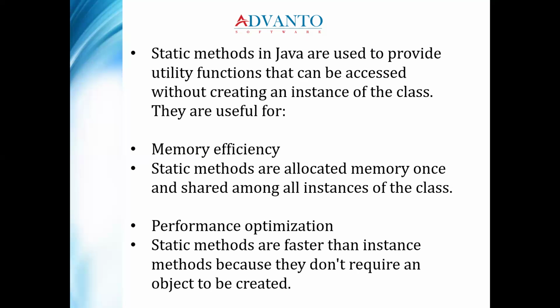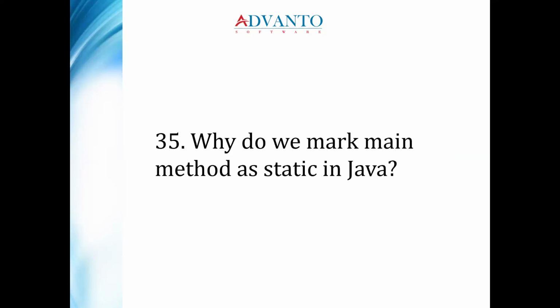They are useful for memory efficiency. Static methods are allocated memory once and shared among all instances of the class. Performance optimization: static methods are faster than instance methods because they don't require an object to be created.